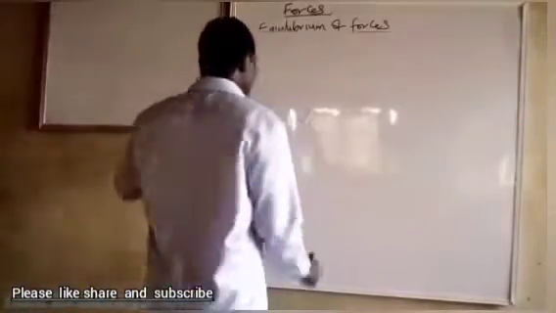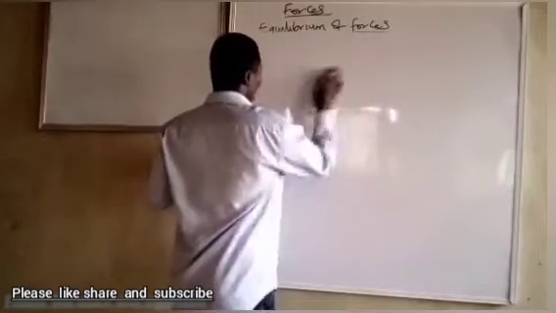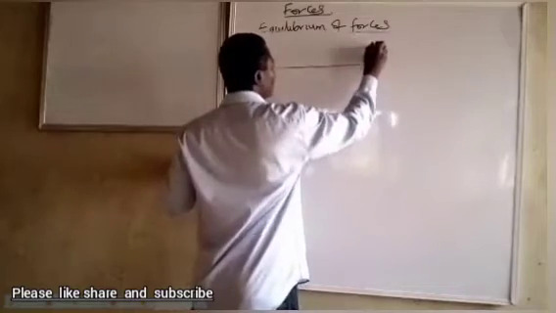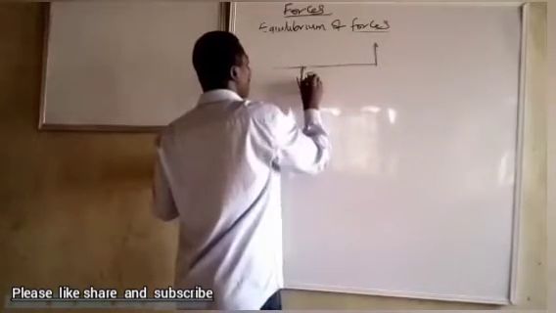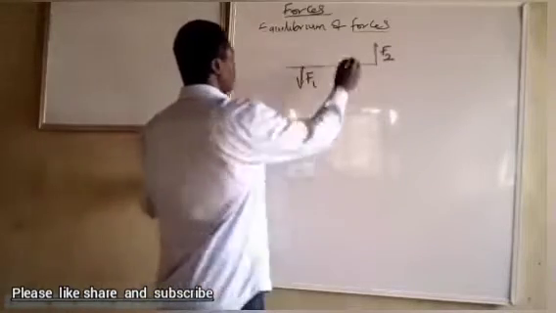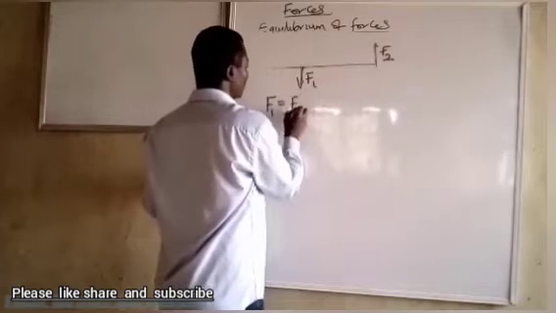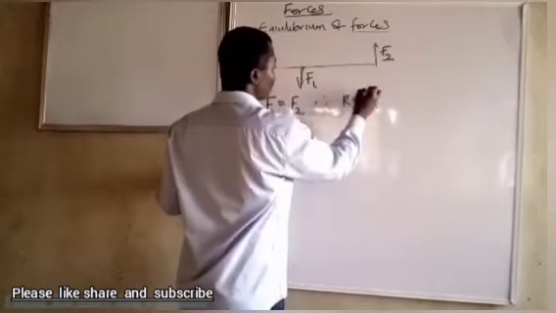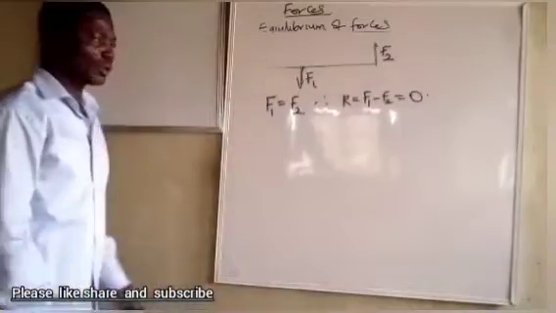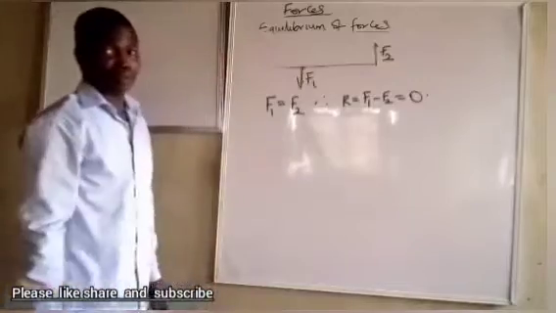Another point of interest is when F1 and F2, unlike forces acting on a body, are equal. Let's look at this. F1, F2. So F1 is equal to F2. Therefore, R will be equal to F1 minus F2, which equals 0. But we are going to have a turning effect because the moment of this one is bigger than the moment of this one.